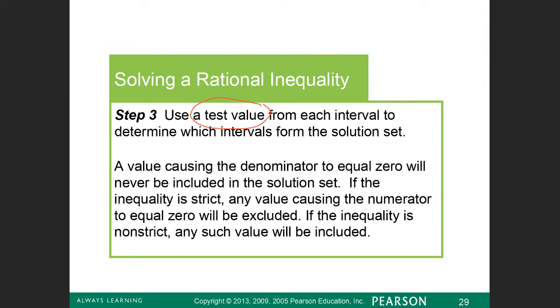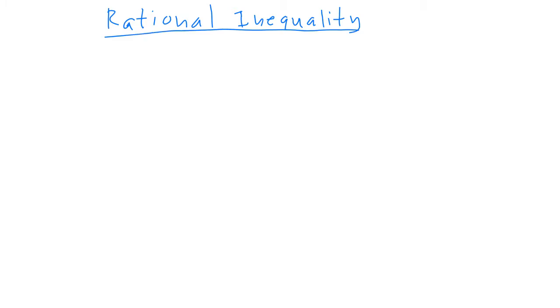Okay, so let's have an example. So this is for rational inequality. Okay, so example: 5 over x plus 4 greater than or equal to 1.